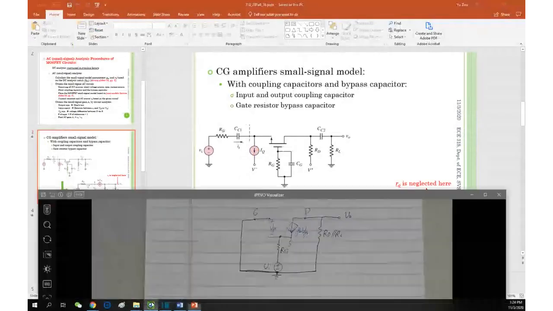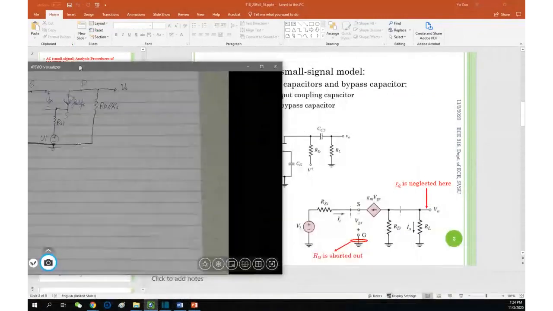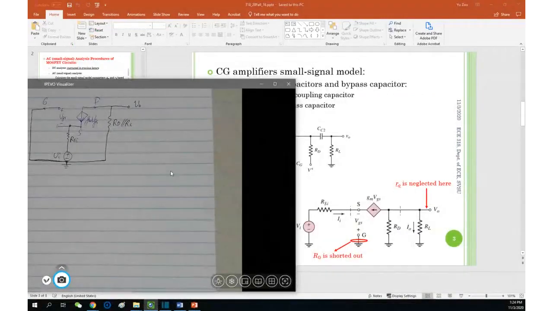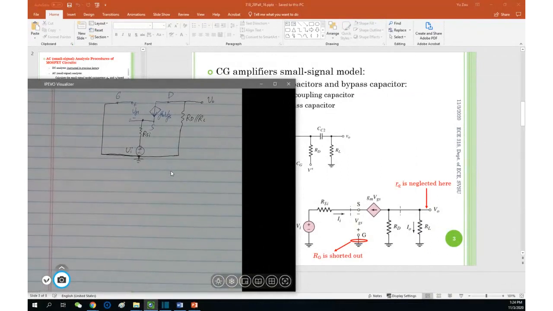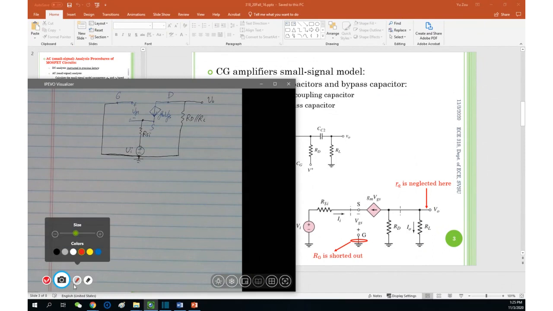Let me present mine once again here. Compare this to that. Does it make sense? They're the same, equivalent. This part is easy to understand, right? This part is the same as this part.